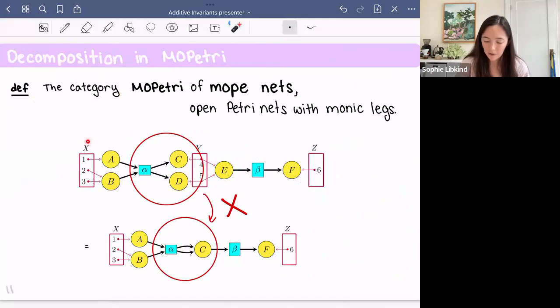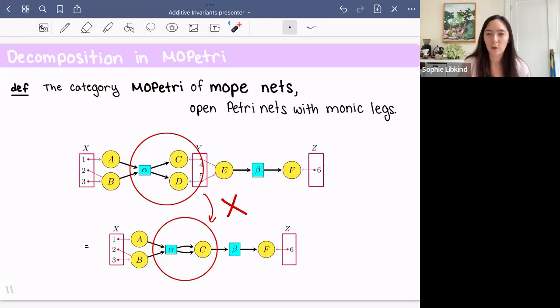So here's the example of composition that we gave from open Petri nets. And notice that it does this thing. Alpha has these two distinct output species, but after the composition, it becomes a single output species. So before, alpha was producing two separate things, now it's producing two of the same thing. This is the sort of thing that cannot happen when you're composing mope nets.